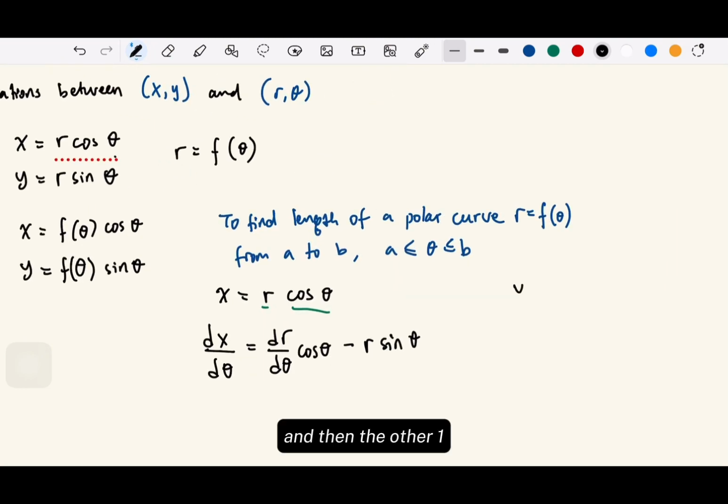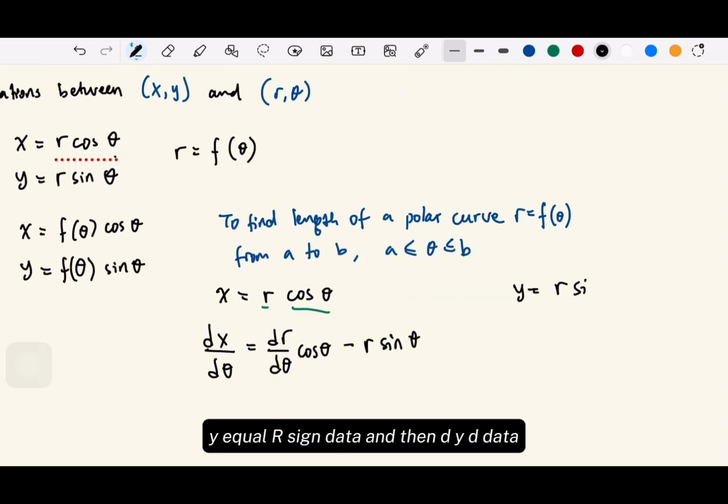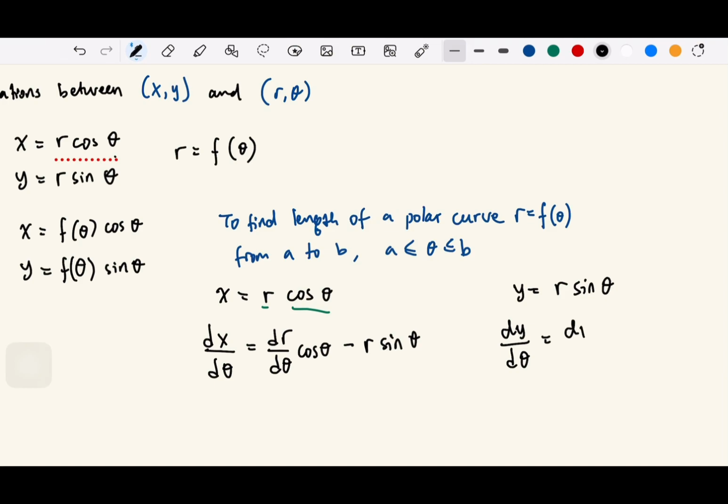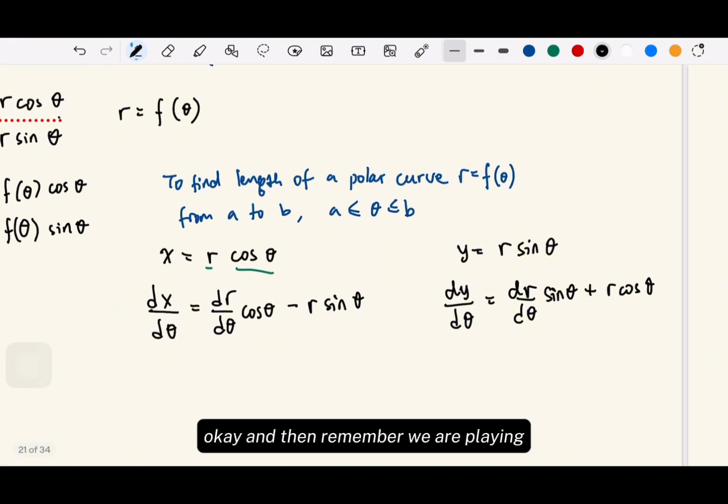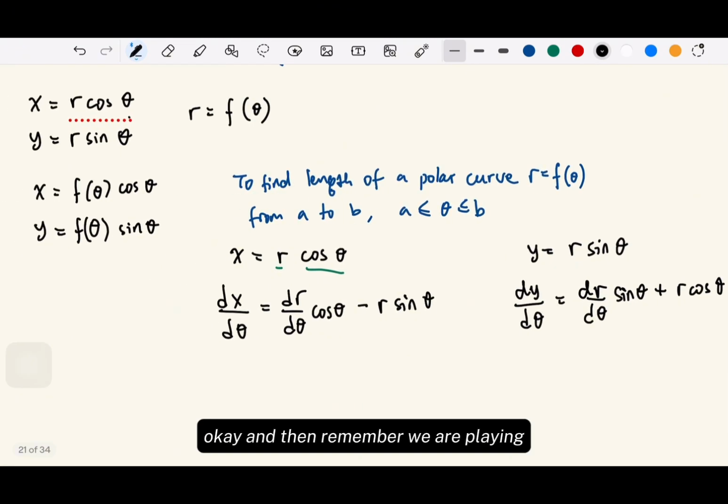And then the other one, y equal r sine theta, okay? And then dy d theta. Okay, and then remember the arc length we need to have in parametric.